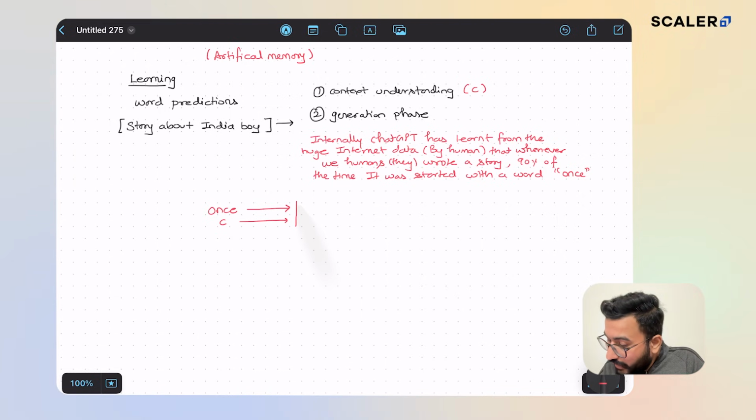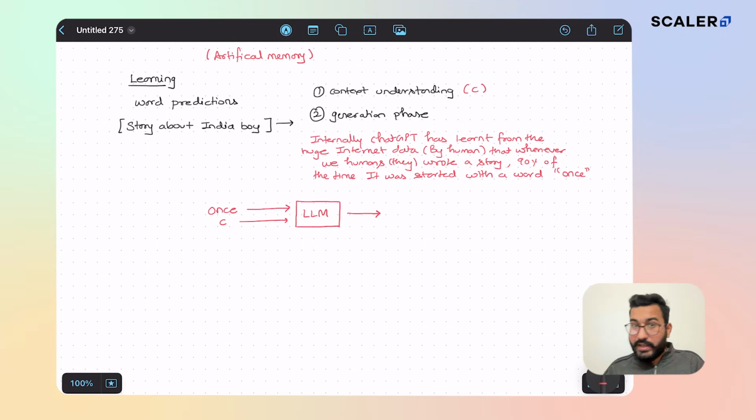And now ChatGPT will take this into its learning and will try to predict the next word. So given this context, what is the probability of the next word, given "once" has been generated and the context is this? That is what ChatGPT will do in iteration number 2.